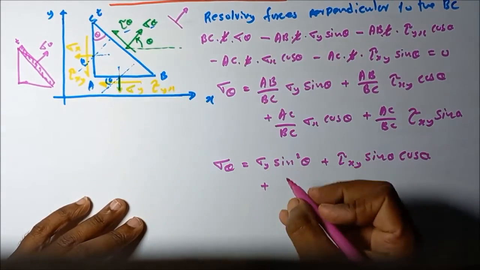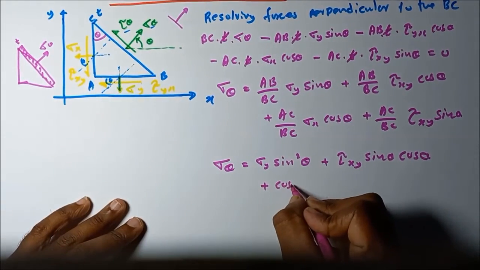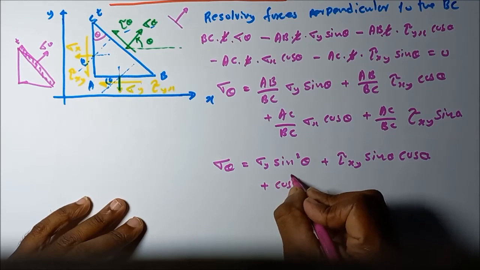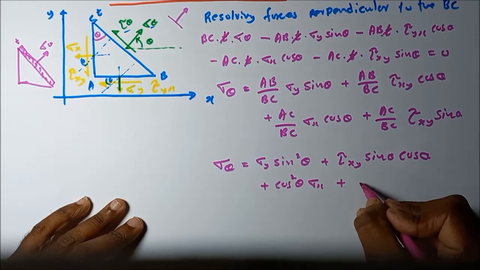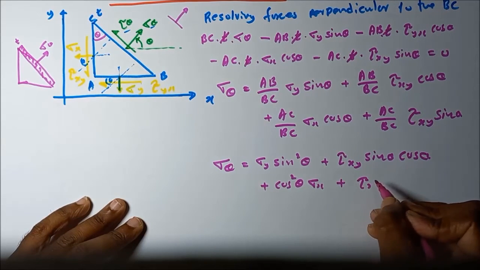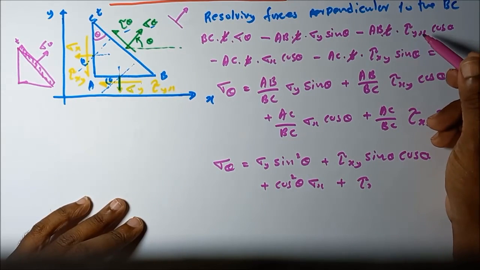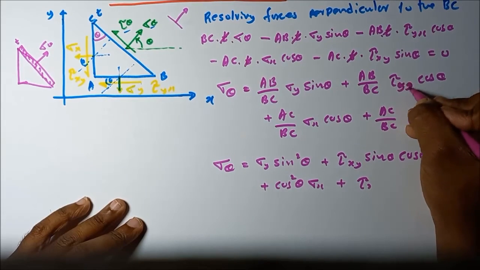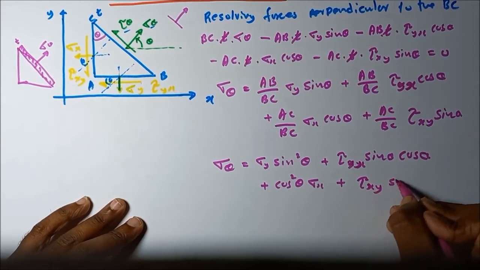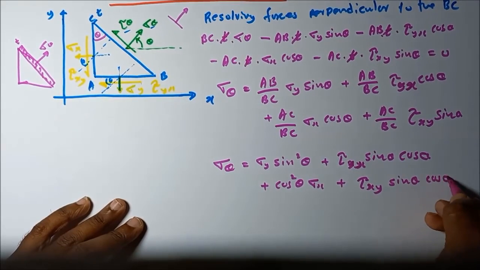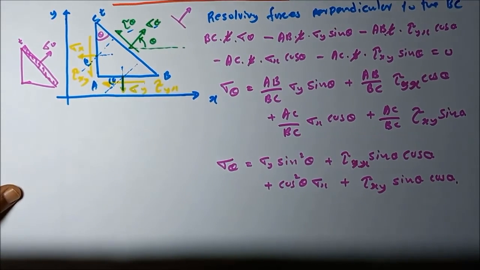AC divided by BC means the cos theta, cos square theta into sigma x plus here also cos theta tau yx sin theta cos theta.